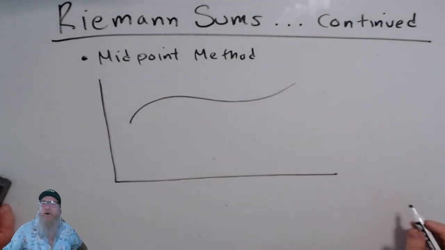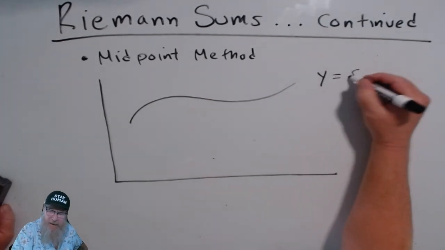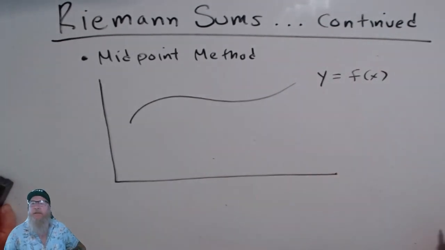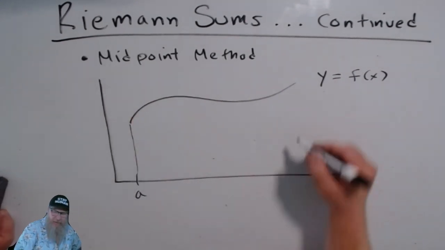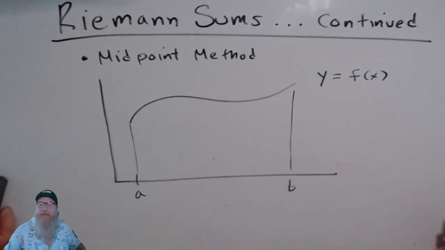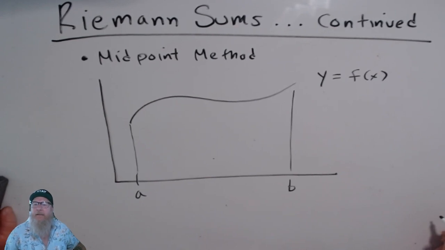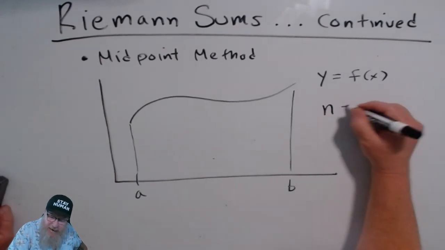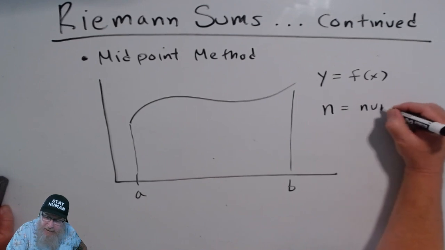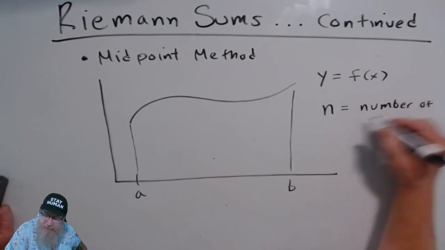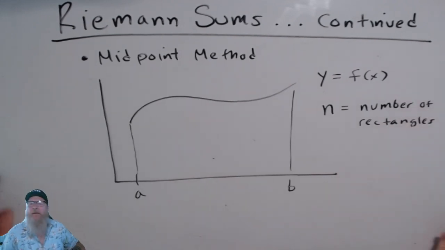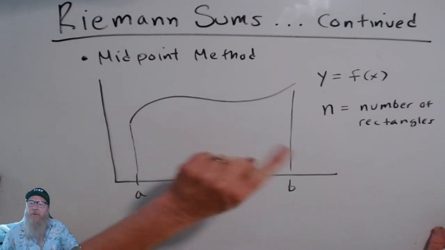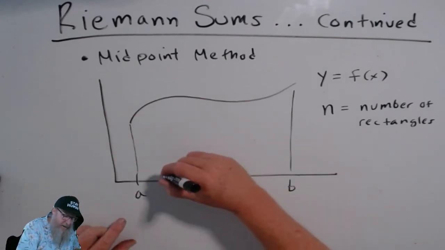And if we have a curve, say y equals f of x, and we start at A, and we end at B, and we divide it into n rectangles, so n is the number of rectangles. Instead of taking the point on the left or the right, we will take the midpoint of each rectangle.